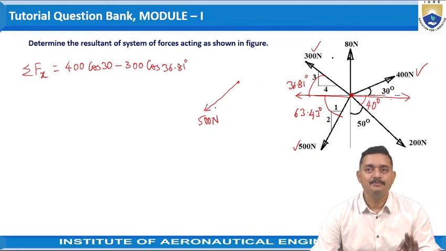We need to start from the starting point of the force and reach the end point of the force, that is the arrowhead. If we start from this point and go towards the left side till this arrowhead, that would be one component. So this would be your horizontal component and this would be your vertical component.